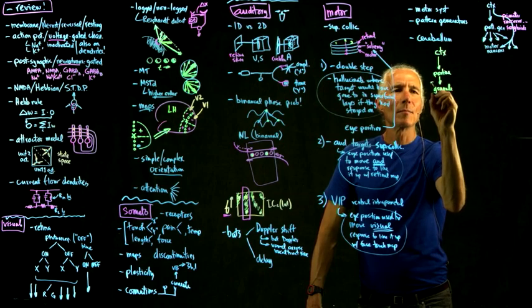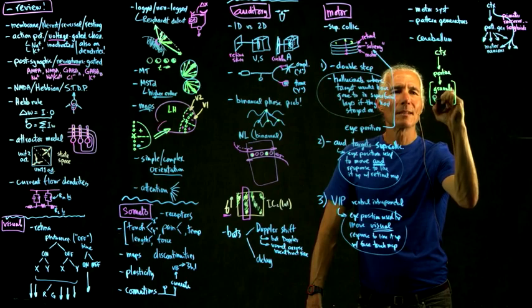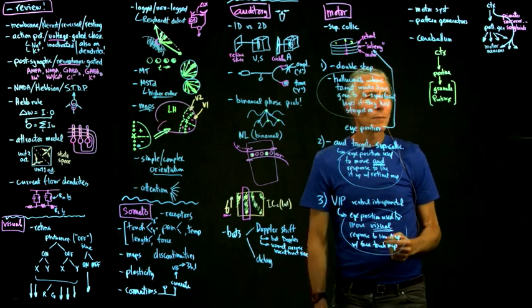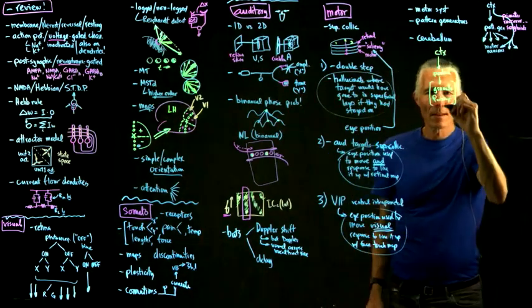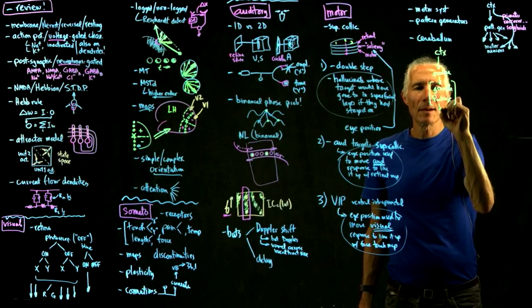So now we're in the cerebellum. And then the granule cells project up to the Purkinje cells. And then the Purkinje cells project to the deep cerebellar nuclei.